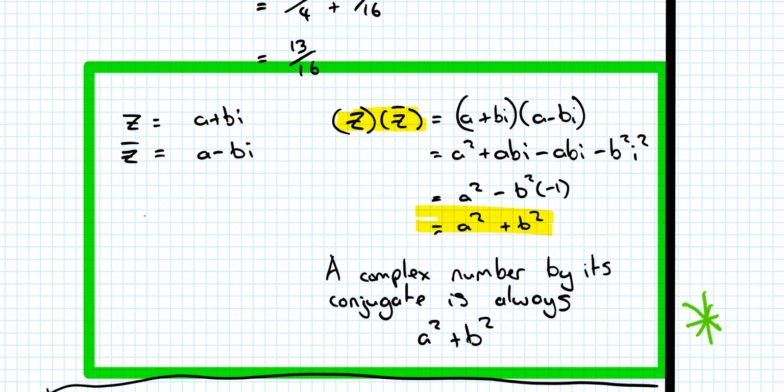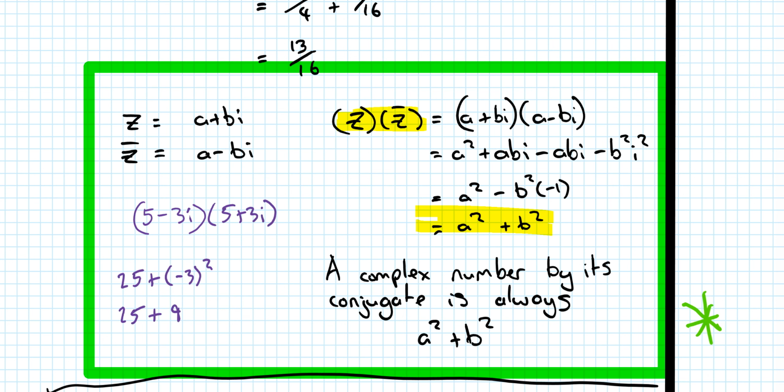If it was 5 minus 3i multiplied by 5 plus 3i, it's always 25 plus minus 3 squared, 25 plus 9. Doesn't matter which one I'd chosen to be b, because it'll always end up being a plus.